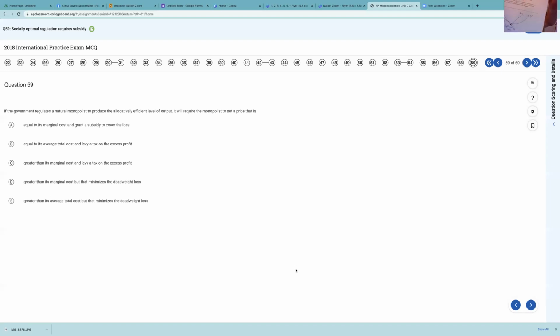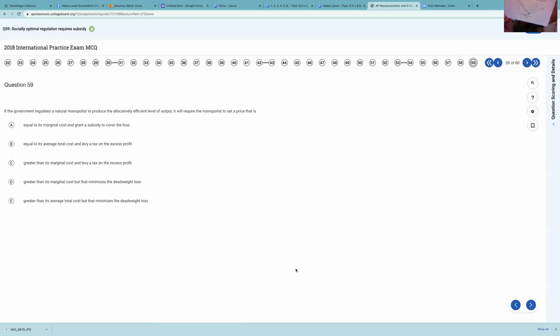What you can see, hopefully, is that at that point the cost exceeds the revenue. The price from the demand curve is less than the average total cost, which means if the government forces them to produce there, they're going to be operating at a loss. They'd be better off to shut down. The only way they can do that is if the government provides them with a subsidy.